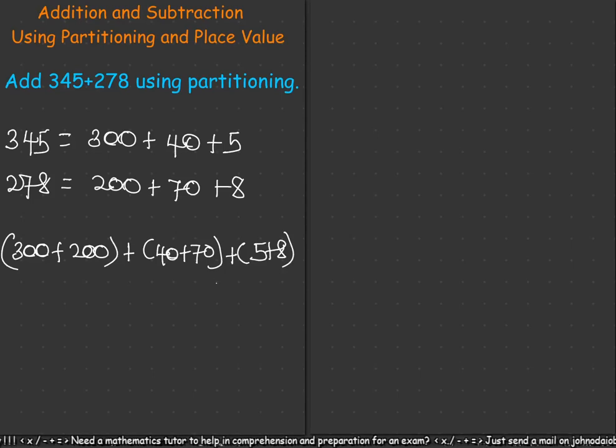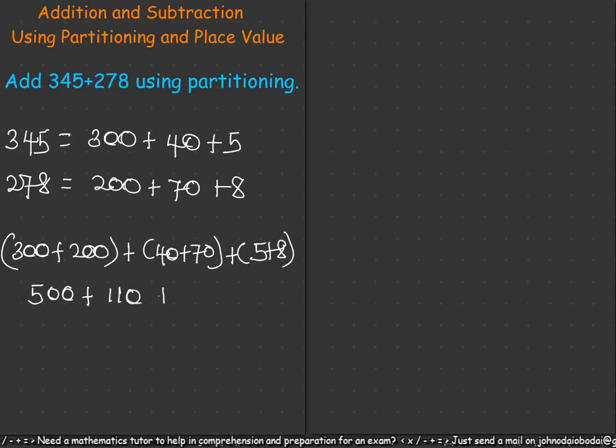Then you can easily do your addition. 300 plus 200 gives us 500. 40 plus 70 gives us 110. Then 5 plus 8 gives us 13.